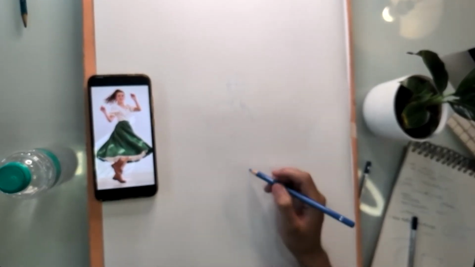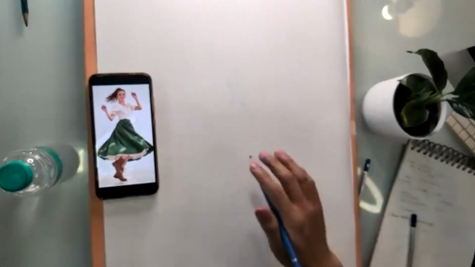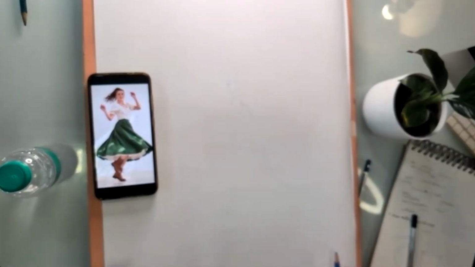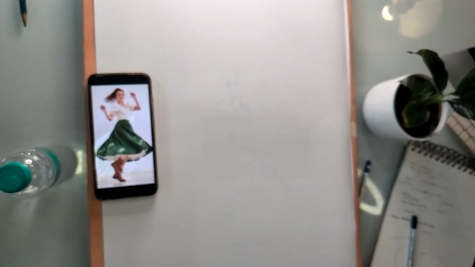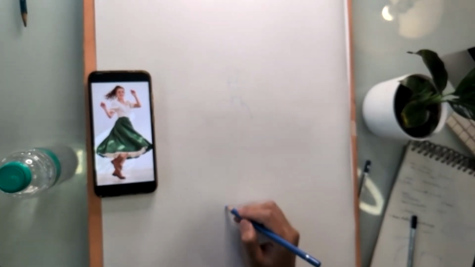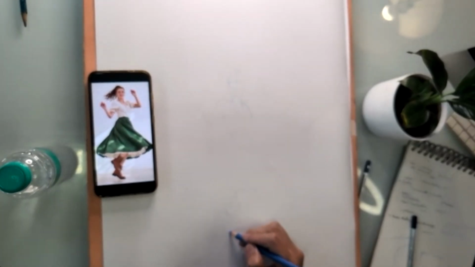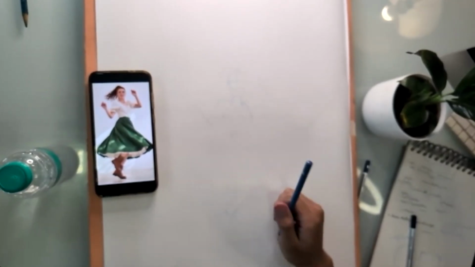Now see, when you're drawing, are you able to see, is it clear? Or is it a little blurry? I think it's a little bit blurry on my screen. Make sure that... Sir, the leg is blurred. It's blur, right? Yeah.